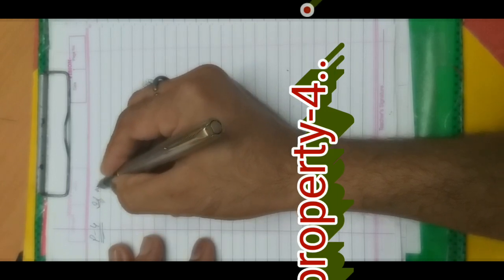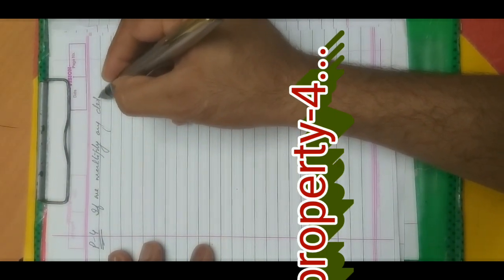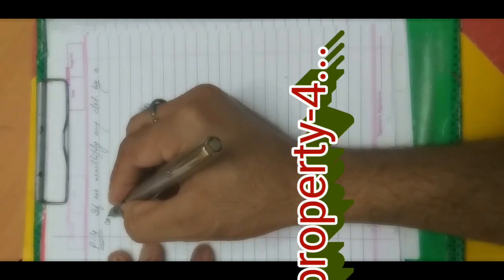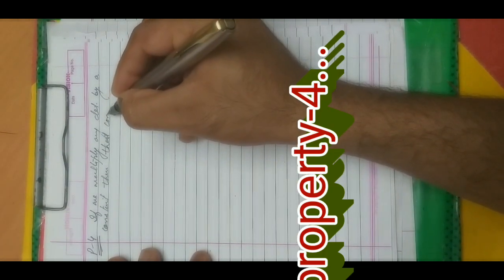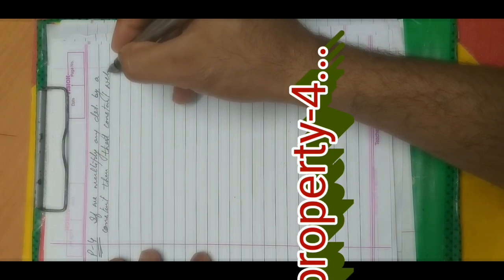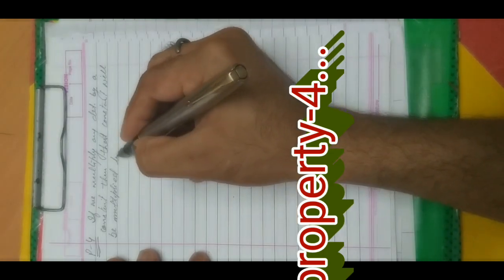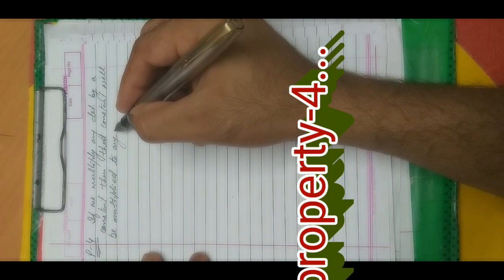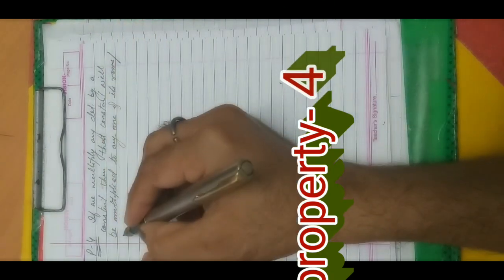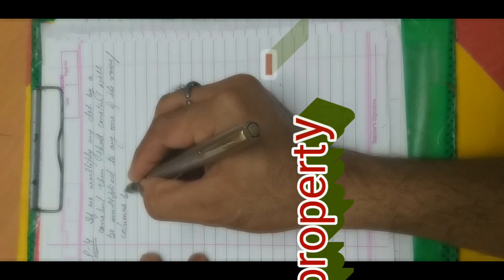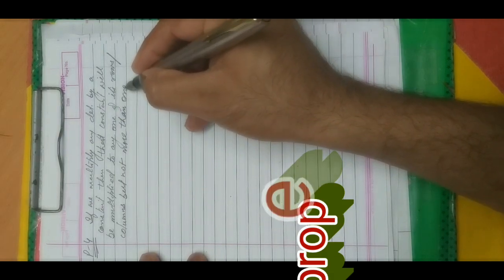So if we multiply any determinant by a constant, then that constant will be multiplied to any one of its rows or columns, but not more than one. What does it mean?